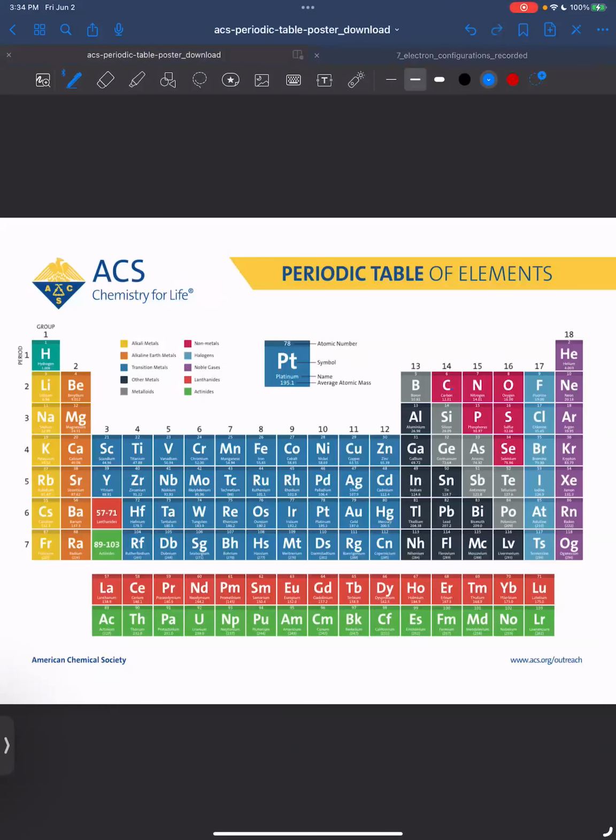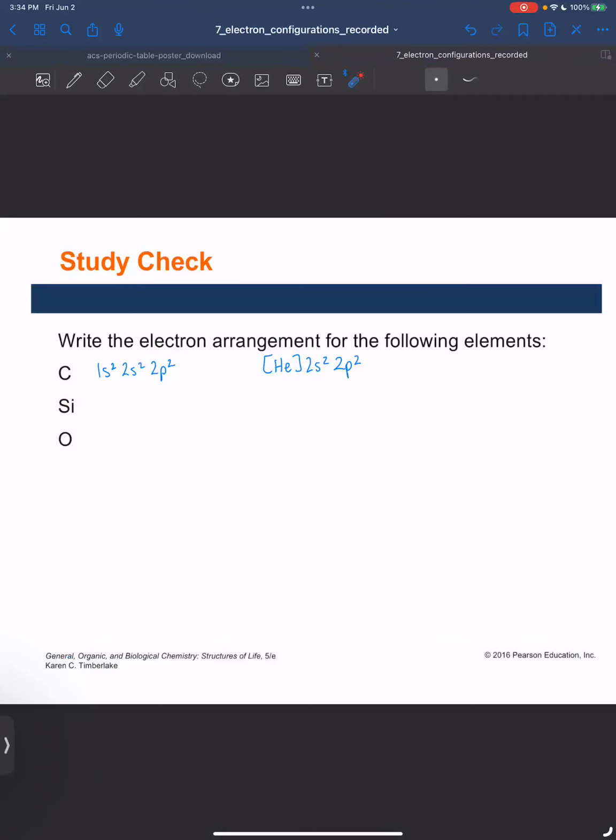Silicon is here. So this would be 1s2, 2s2, 2p6, 3s2, 3p2. Good.